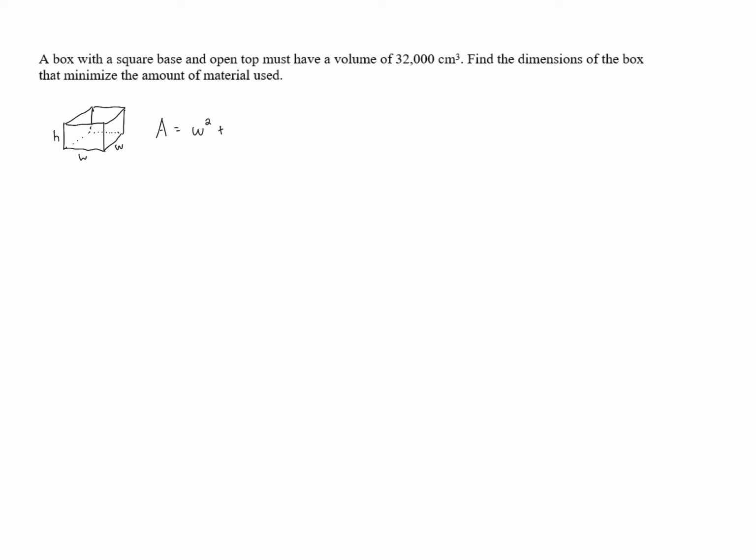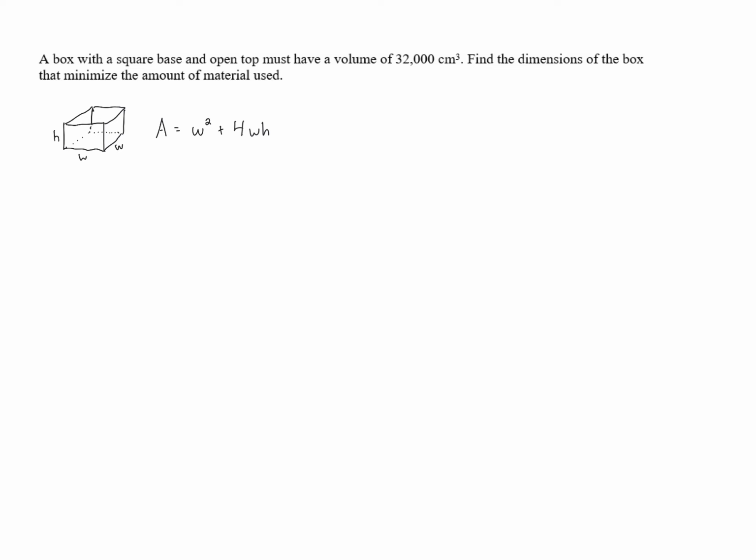And so we've got 4 of those sides, and the area of each is w times h, base times height. And there's no top, it's an open top, so we don't have another w squared on the top. So it's just going to be w squared for the base, and then plus 4wh for the 4 vertical sides. That is the area, but that's written in terms of w and h.